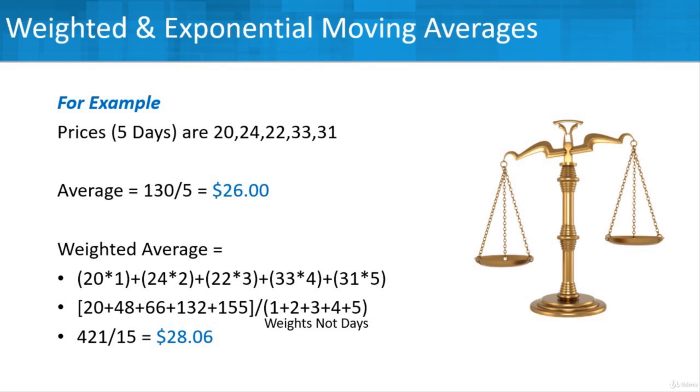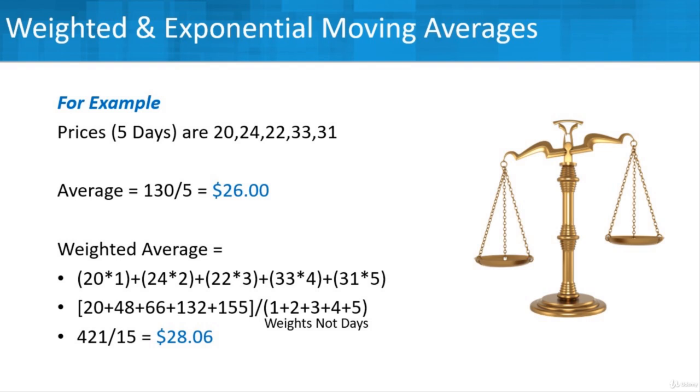Then you divide not by the number of days, but by the number of weights. So it wouldn't be 5, because that would be a simple average. You divide by the weights, 1, 2, 3, 4, 5, which is 15. If it was 20 days, it would go up to 20 different weights. Thus, mathematically, you weight the more recent time by dividing 421 by 15.